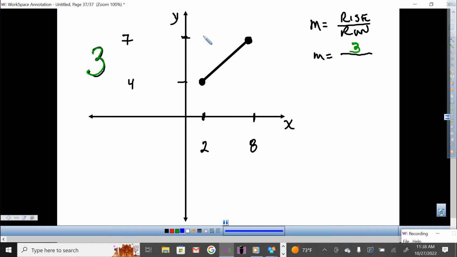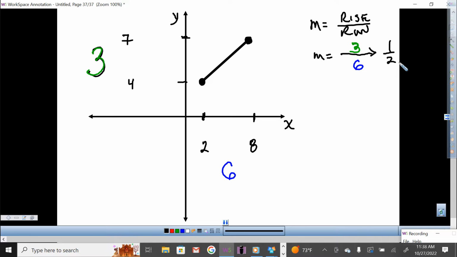I'm going from here to here. Tell your neighbor, guys, while Valenta looks at it, how many steps from here to here? Valenta? 6. Hands if you agree with that? Yeah, 6. So my slope is 3 over 6. So far so good, yeah? My goodness. And of course I can simplify, and that gives me 1 over 2.